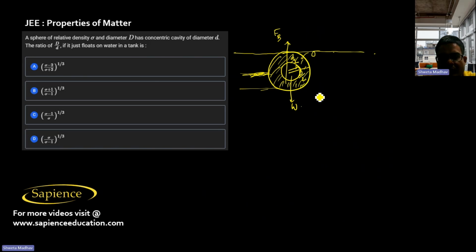Therefore the weight will be equal to 4 by 3 pi, (D by 2) whole cube minus (d by 2) whole cube.